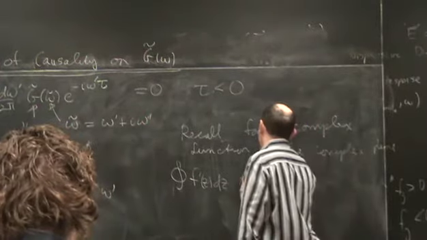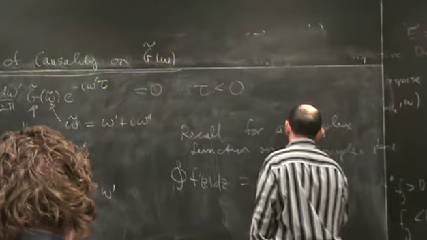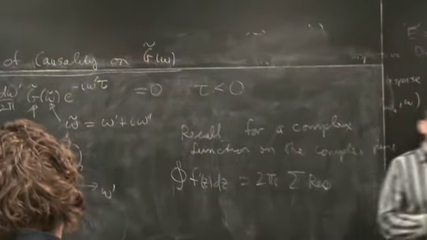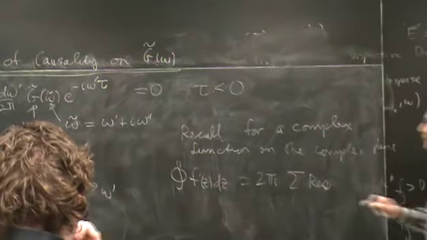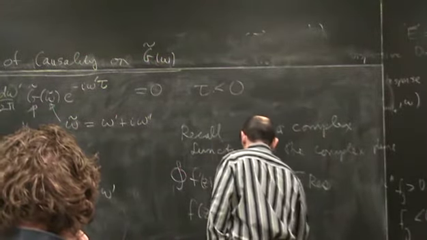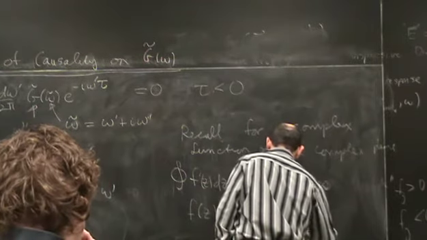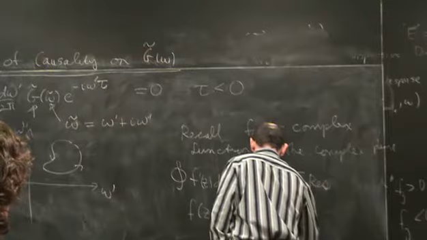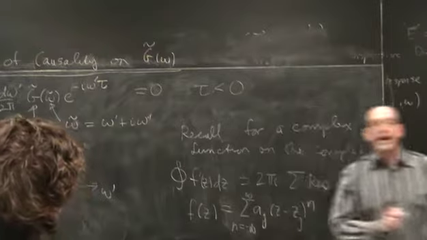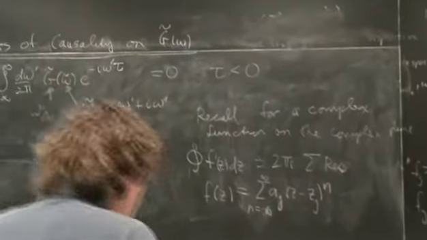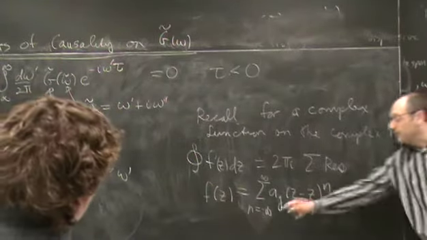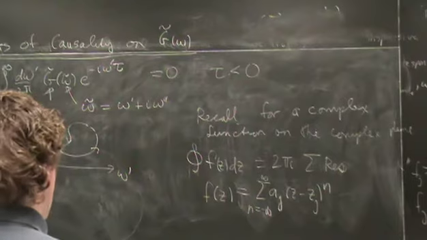This is equal to 2 pi i times the sum of the residues of the function. What are the residues? You recall the residues are the places where, when I expand my function in a Laurent series, the thing blows up, when the powers are negative. Right?